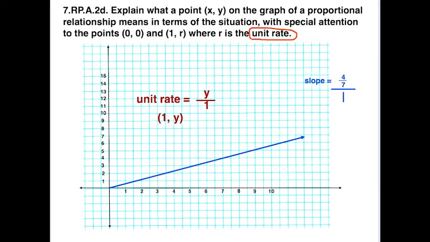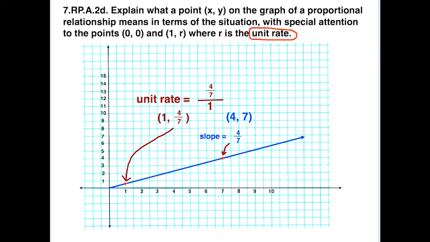Again, we can take any number and put it all over 1. So here the slope could also be expressed as 4/7 all over 1. And this is okay, although again it's a little bit of a mess because we have a complex fraction. But again, our unit rate, the x value is going to be 1, and in this case the y value turns out to be a fraction of 4/7.